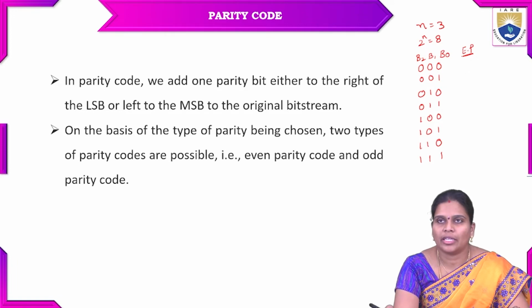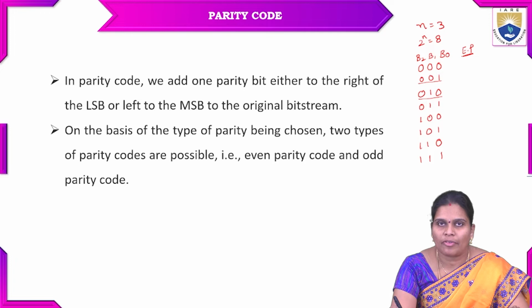How can we decide the even parity and odd parity of the bits? We take any data, and it depends on the number of ones. Whatever data we take, we concentrate on the number of ones.